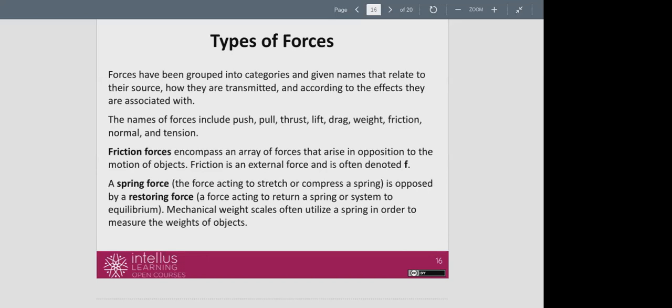Okay. So friction is any force that arises in opposition to the motion of an object, whether the object wants to move or the object is moving. This opposition force, this friction force that opposes motion between stationary objects is called static friction.